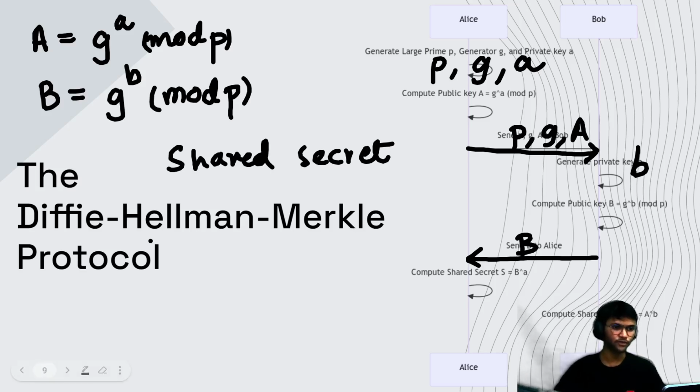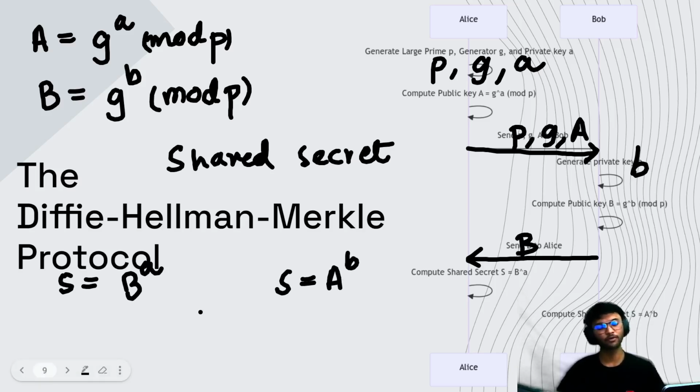The way that they do this is Alice will compute B raised to a, and Bob will compute A raised to b. Notice that Alice received B from Bob, and a was their own secret itself. So they have all the necessary ingredients they need. Similarly, A was received by Bob from Alice, and they themselves have this secret b. So they have all necessary ingredients to calculate this shared secret S.